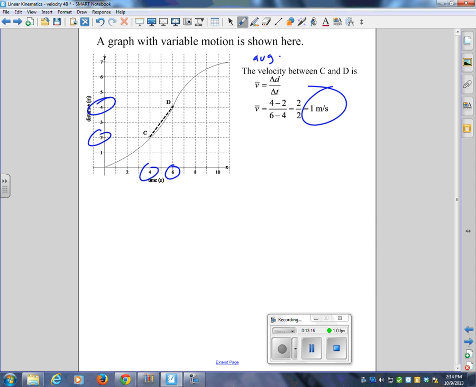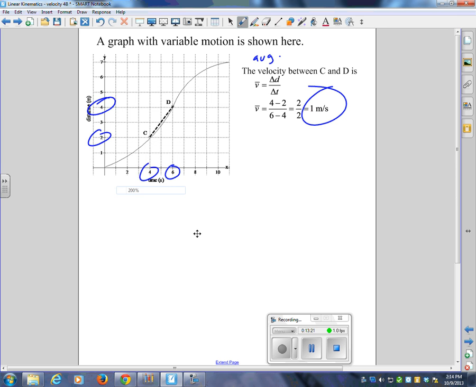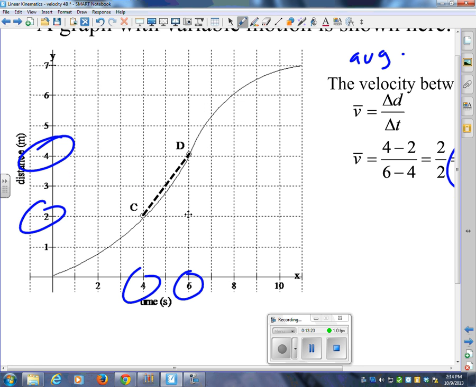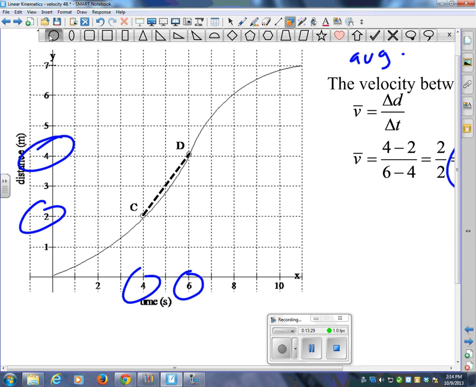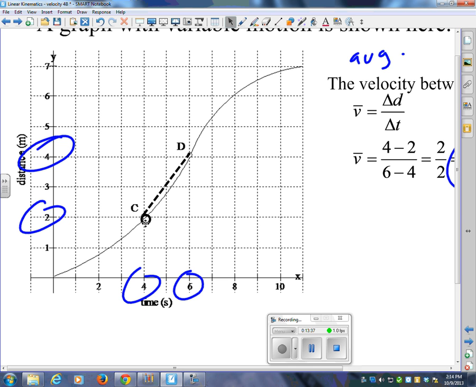Now, my question to you is this. If I zoom in a bit here, is the slope of the curve right there equal to 1?